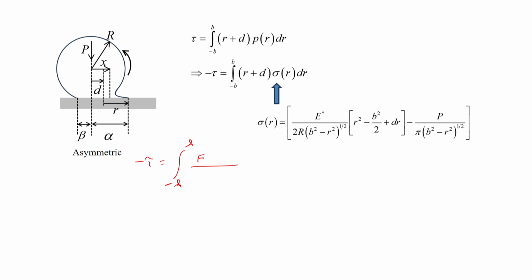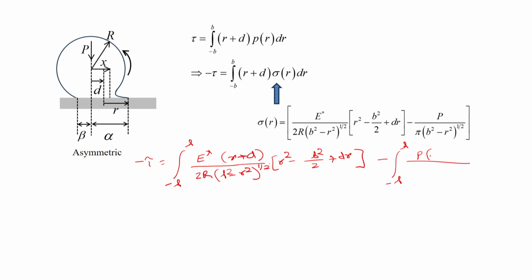So, let me write it: E star into 2r, and b square minus r square by half, and this is r square minus b square by 2 plus d r, and this is r plus d. So, let me multiply it here by r plus d, again from minus b to b, and this is p into r plus d, and this is pi, and this is b square minus r square by half.